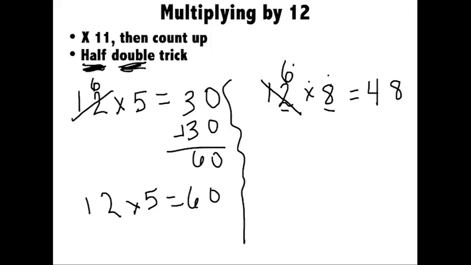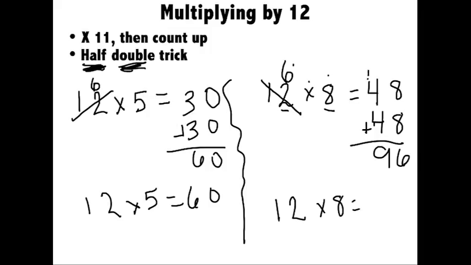Now I would double that answer. 48 plus 48. 8 plus 8 is 16, carry my 1. 4 plus 4 is 8, plus 1 is 9, so 96. So back to my original problem, 12 times 8 is 96.